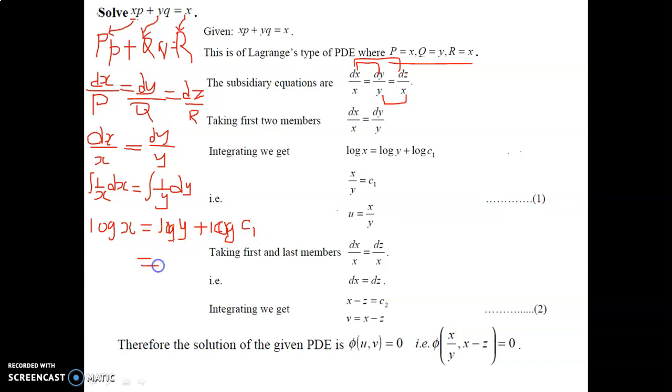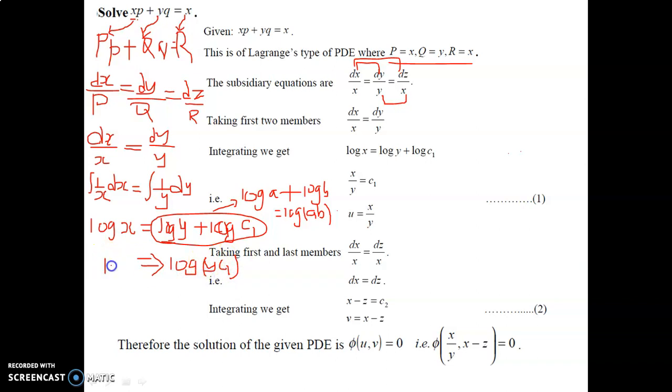On the right hand side, log y plus log c1 is of the form log a plus log b, which can be written as log of ab, which we have studied in our lower classes. So I can write it as log of y c1.